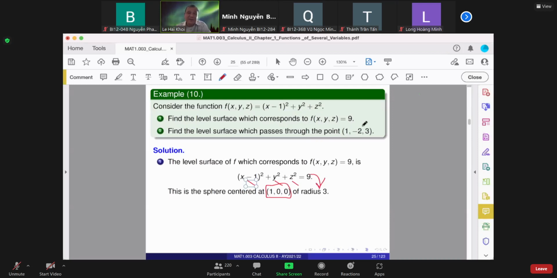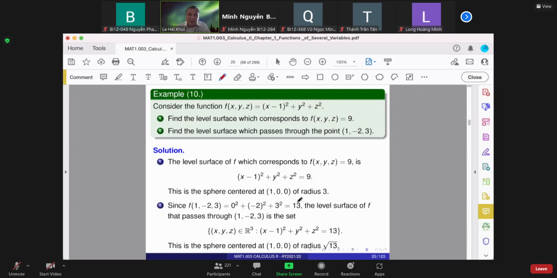And again, if the level surface you have to find passes through a given point, it means that this point satisfies the condition. This is some K, right? So you compute it, and you have 13. So 13 means that the level surface including this point has the constant 13. So it is again a sphere centered at (1, 0, 0) and radius square root of 13. So it's very simple.